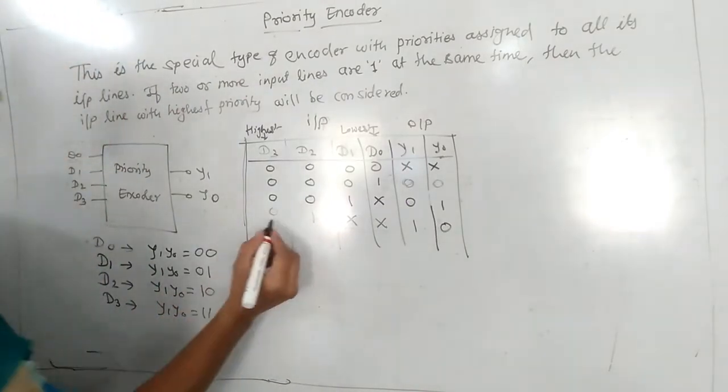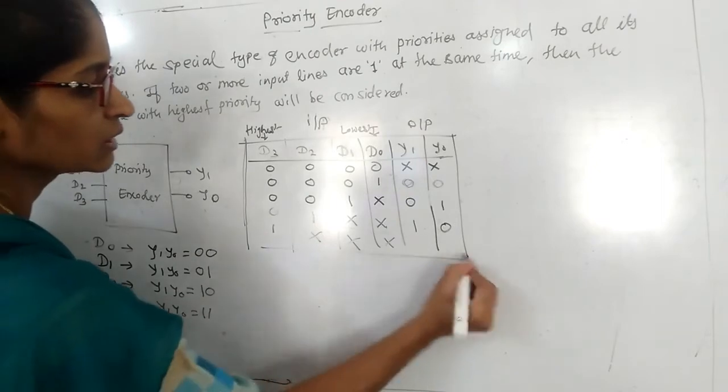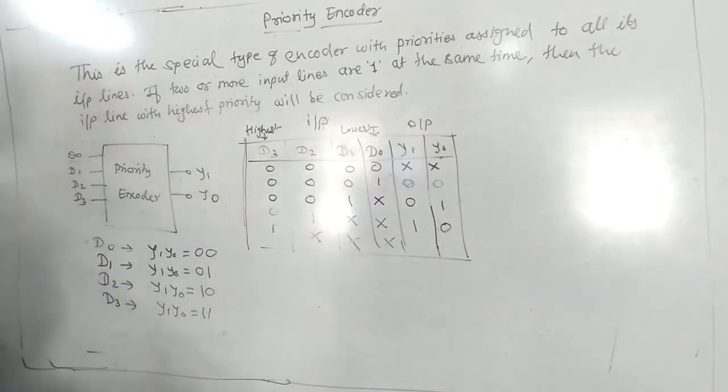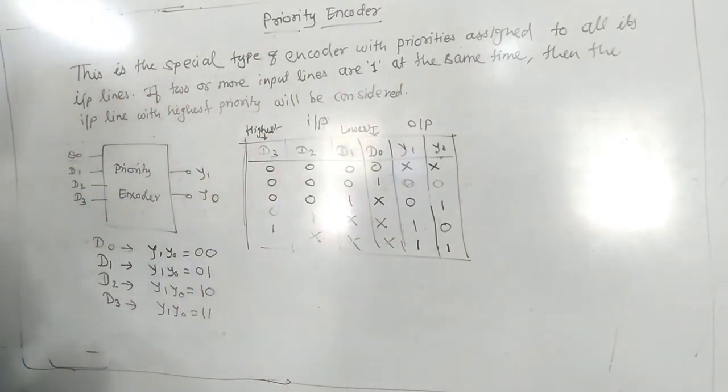If we select D3, then D2, D1 and D0 are all don't care, and only 1, 1 will be displayed at the output. So this is the truth table which describes the operation of this priority encoder.